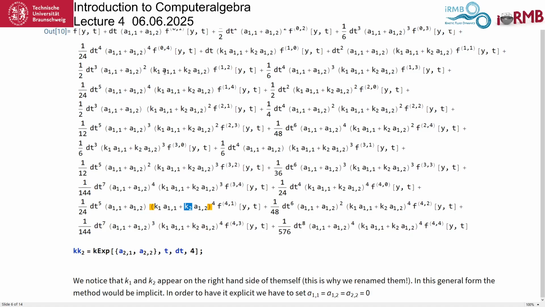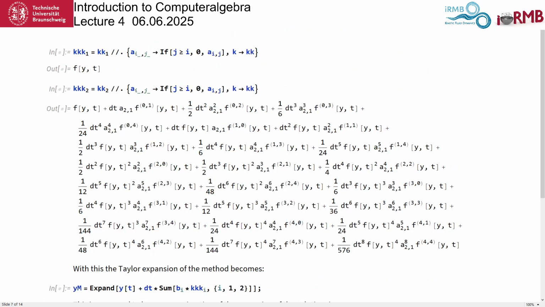So this will drop out. Actually here they all will drop out, because A11 and A12 are all 0. So all of this will disappear, but not in this one here, because here we have some that do not disappear. Let me see whether I have this on the next slide. Yes.